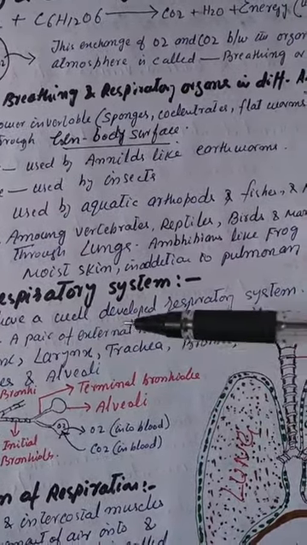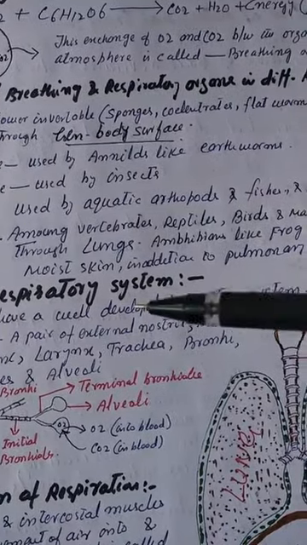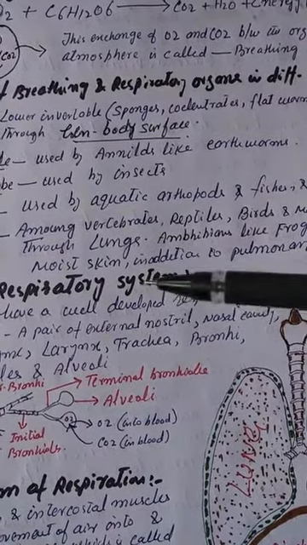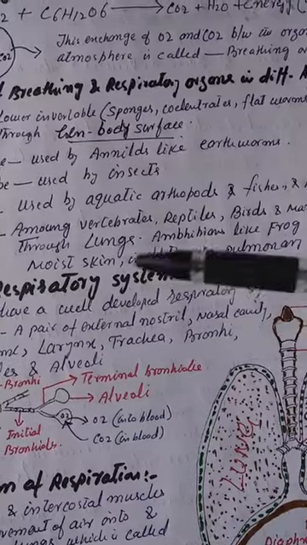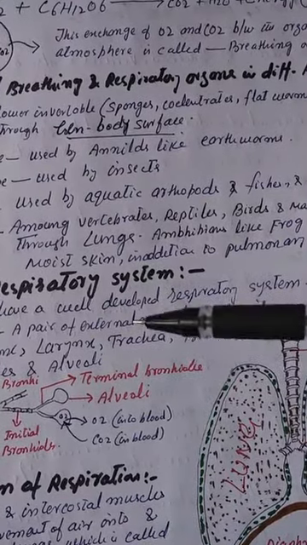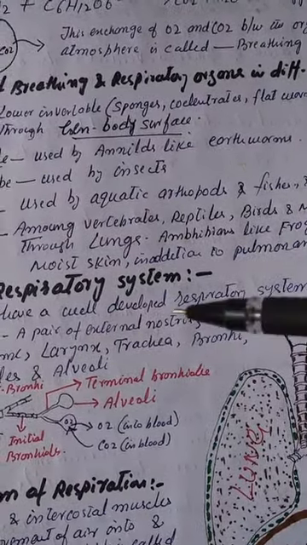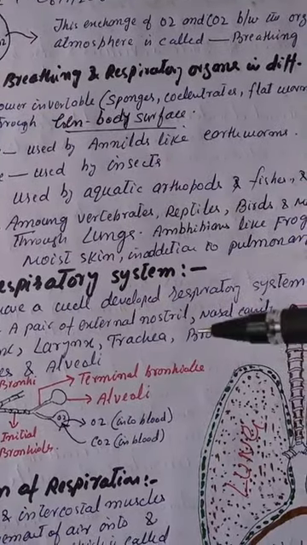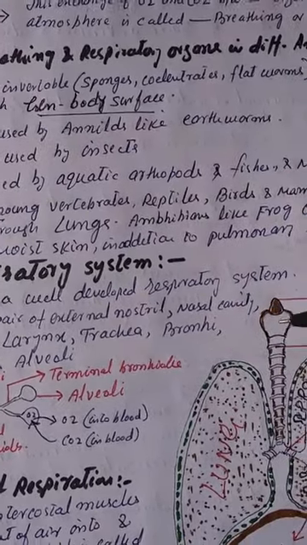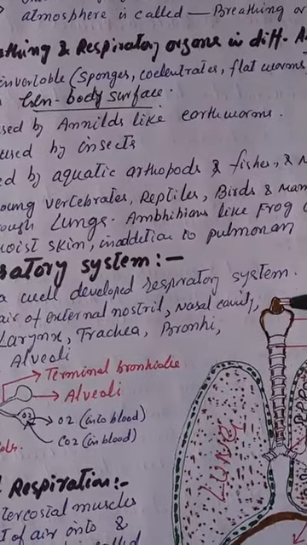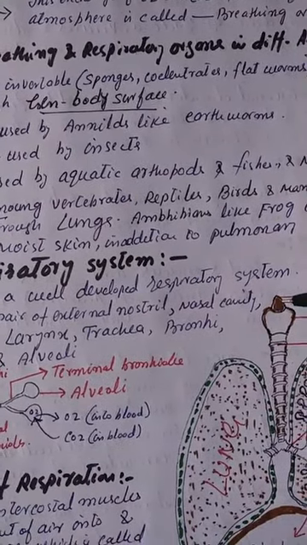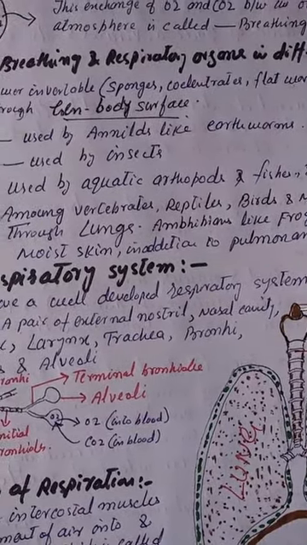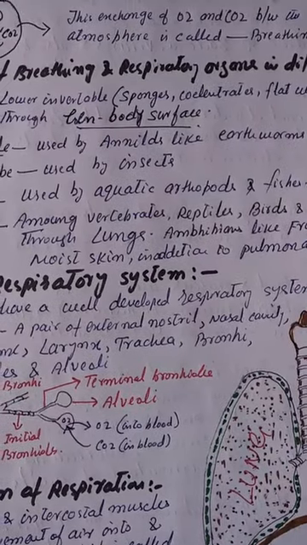The external nostrils present just above the upper lip lead into the nasal chamber through the nasal passage. The nasal chambers open into the nasopharynx through the glottis, and glottis is covered by epiglottis. This epiglottis prevents the entry of food or water into the trachea.